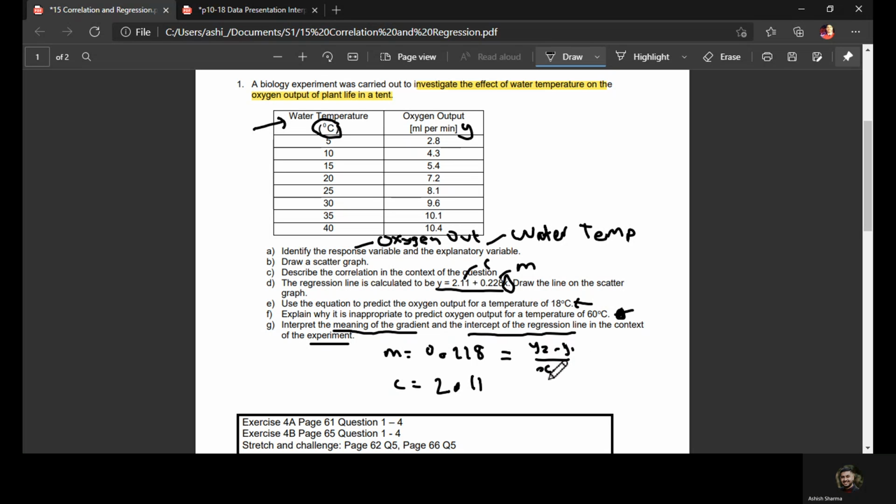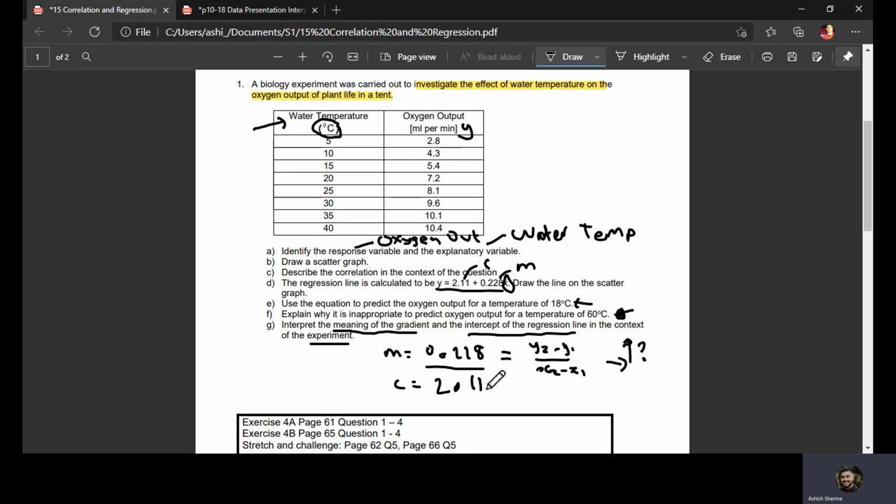Okay. Now, if you think about it, in context, what is gradient? That basically means per unit x that you go across, how high are you going up? That's basically what it means. Okay. Per unit x, how high are you going up?